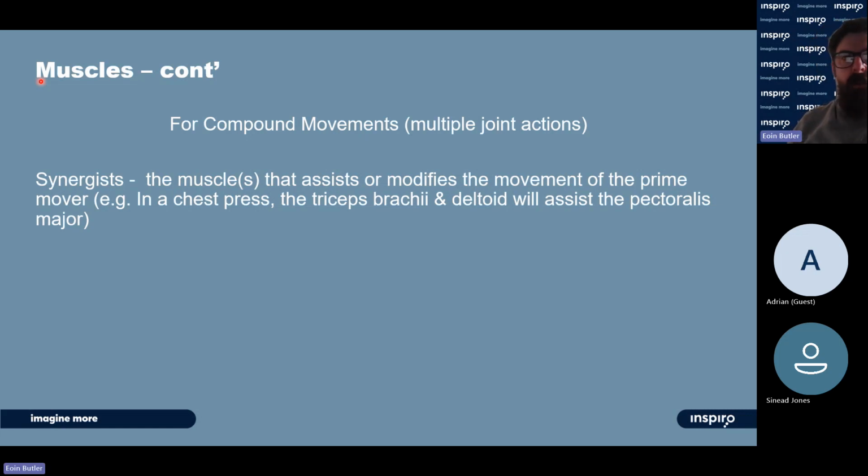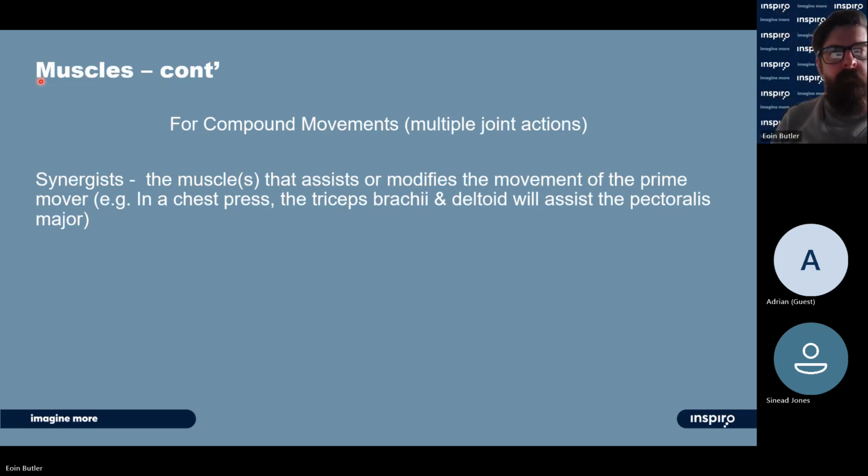We don't have to look at opposites to the synergists. So what was the bicep then? The bicep is a synergist, a helper. So my latissimus dorsi is doing the main work, and my bicep is helping to pull the bar down. It's helping the latissimus dorsi.